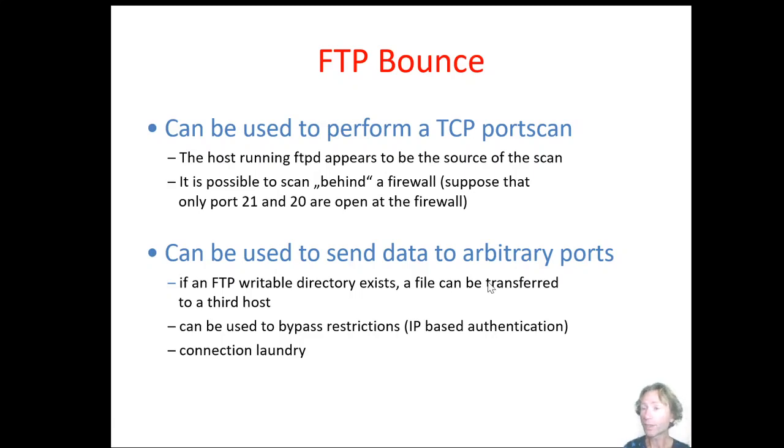Moreover, you can launch attacks through this method if you're able to pump data into those connections. For instance, if you have an FTP writable directory, you can first write the data to the directory and then get the data and stream that into the connection. Okay, and that allows you to bypass all sorts of restrictions.